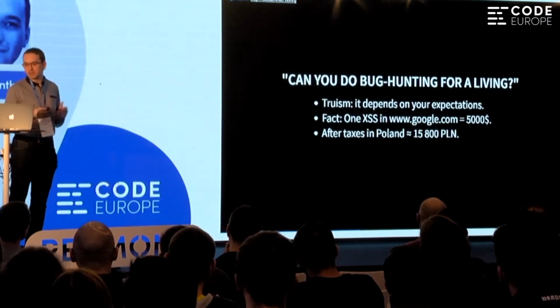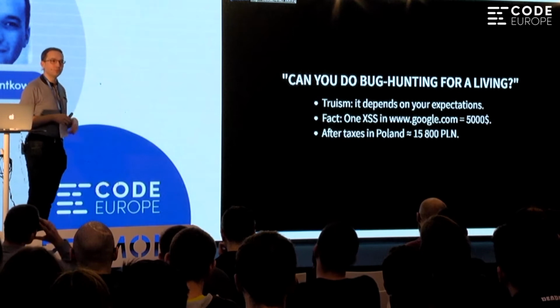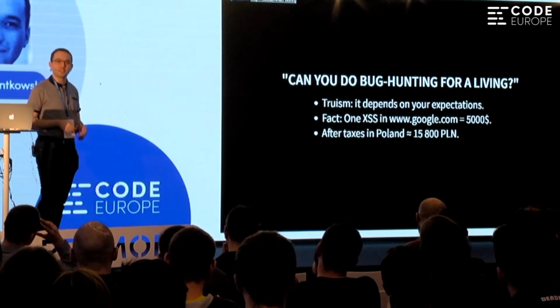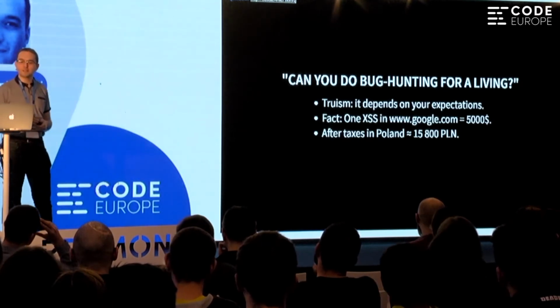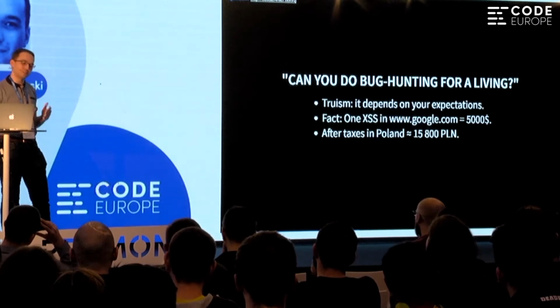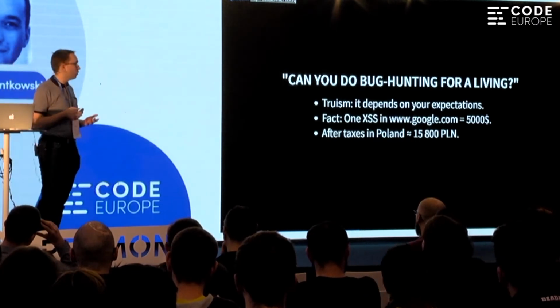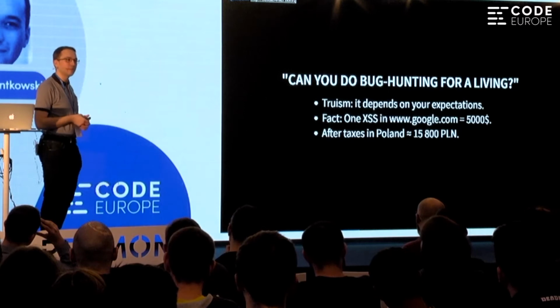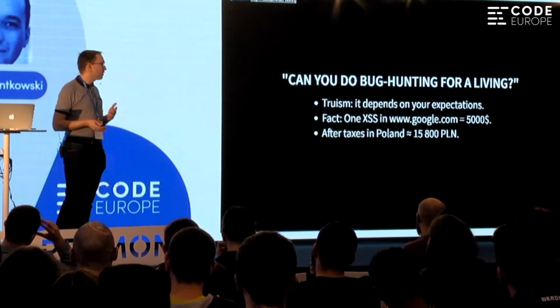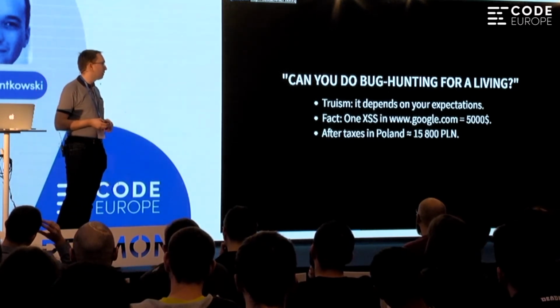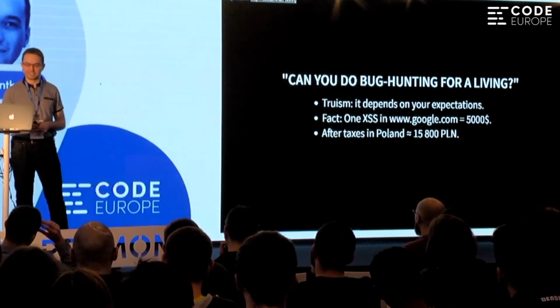So also, can you do bug bounties for a living? And the truism is that it depends on your expectation, because for anyone, doing something for a living means something else. But the fact is that 1 XSS in the google.com domain is $5,000, and after taxes in Poland, it is around 50,000 zlotys.